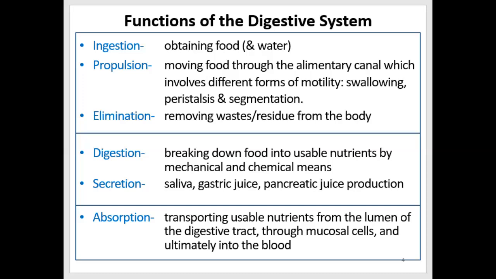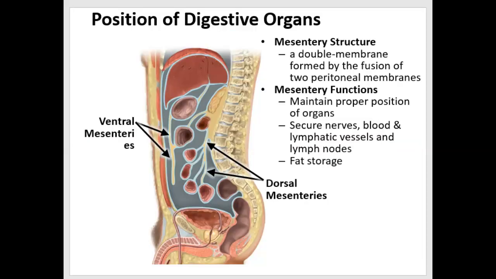The next thing that we're going to talk about involves more anatomy than physiology. So it's the position of the digestive organs within the abdominal pelvic cavity. As you probably already know, the stomach and the intestines contract, and they need freedom to move as they do so within the abdominal cavity.